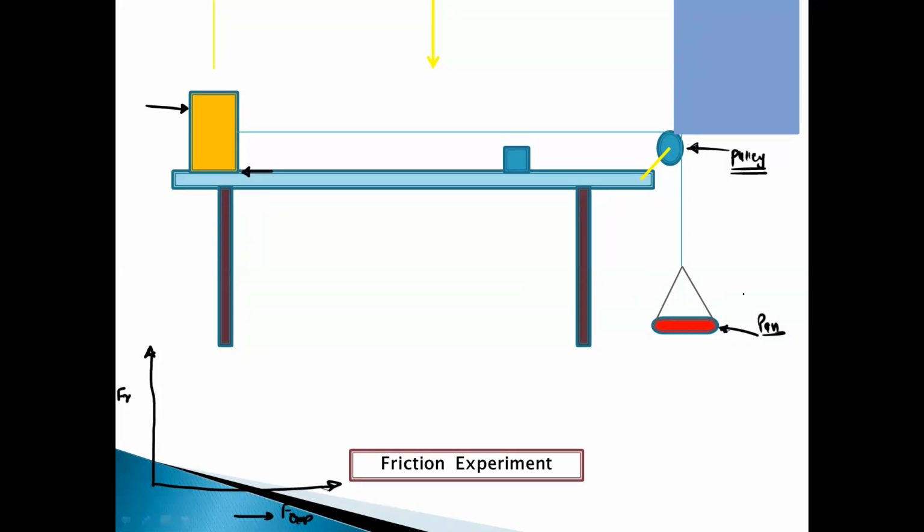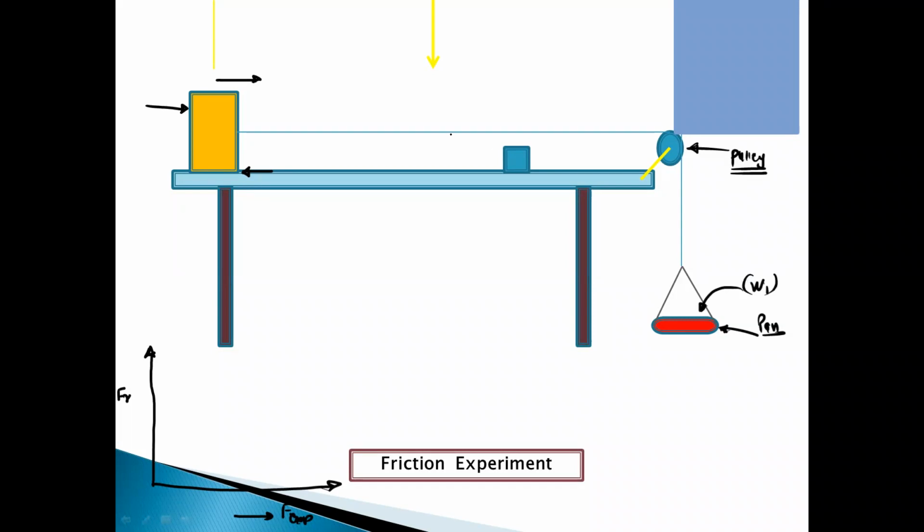If you add some weight in this pan, let us take this W1 Newton, then there will be some frictional force. It doesn't mean that when we add some weight, the object will immediately start its motion. Initially friction will try to oppose the external weight.